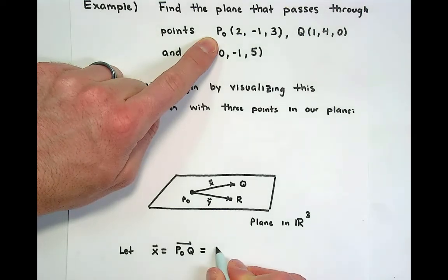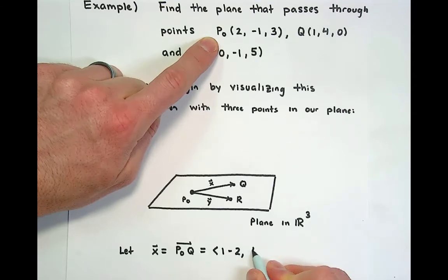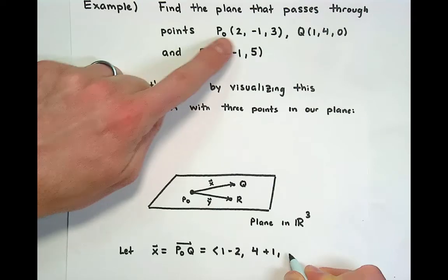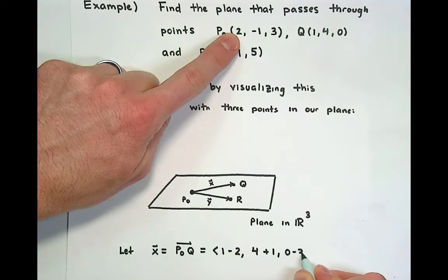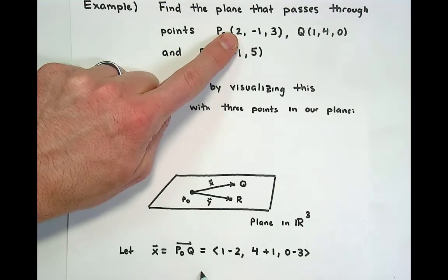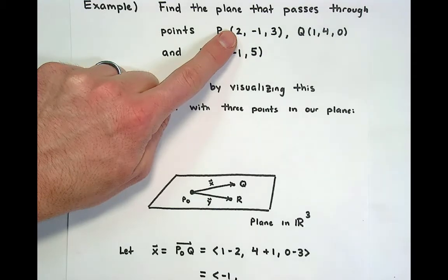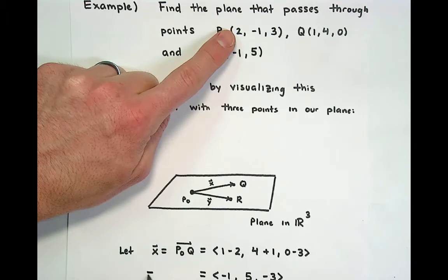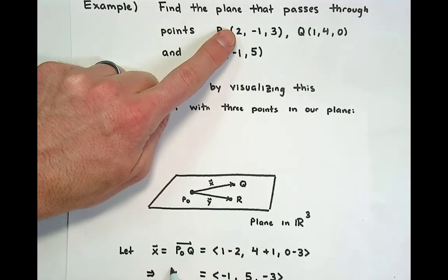So this would be 1 minus 2, and then 4 minus -1, which would be 4 plus 1, and then 0 minus 3. So here my vector x would be -1, 5, -3.